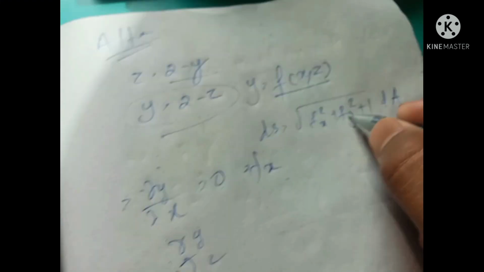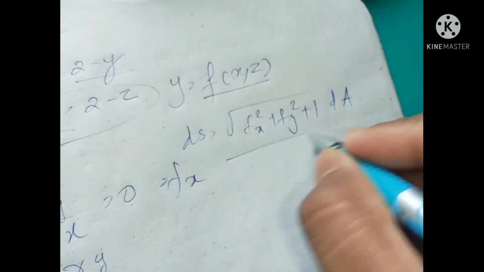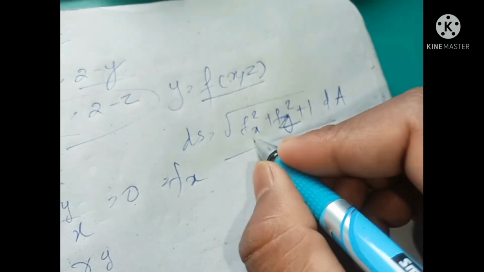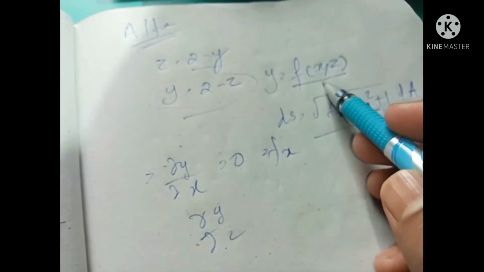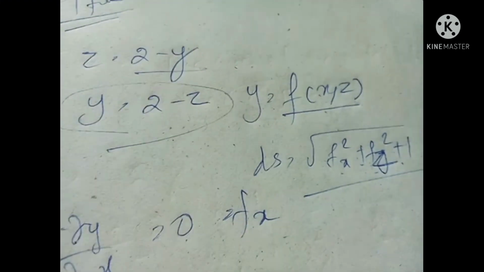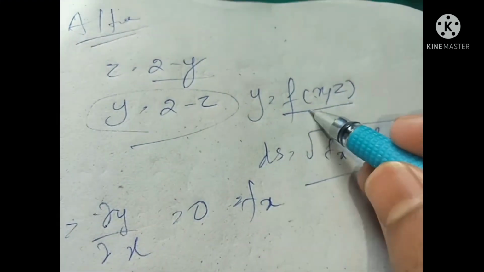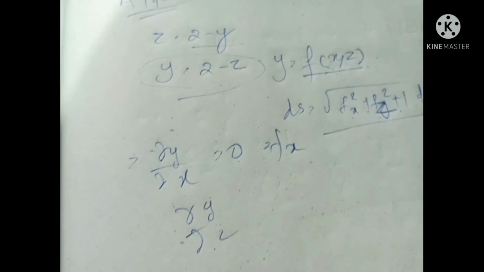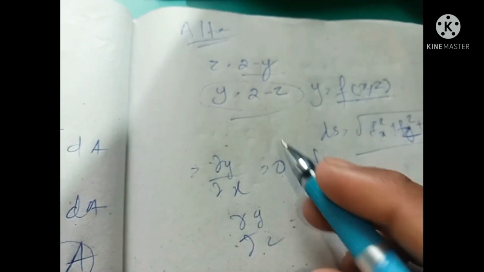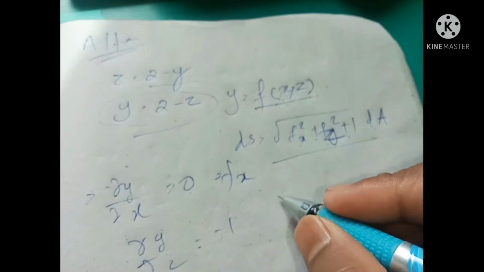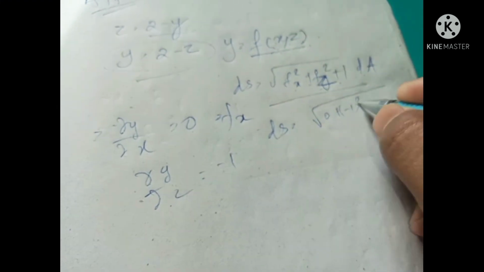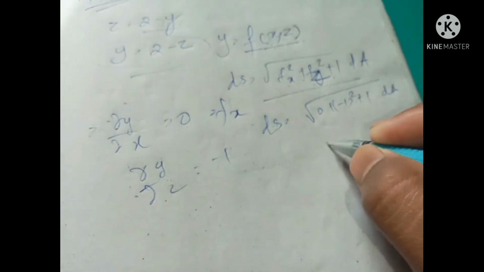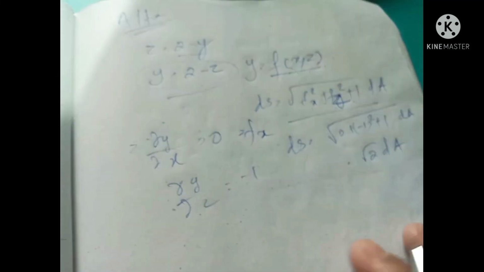Here it changes to fx squared plus fz squared plus 1 dA, because we have to compute through the integral with functions of x and z. So dy by dz means minus 1. The same thing happens: 0 plus minus 1 squared plus 1 dA, so here also root 2 dA, the same thing going over.